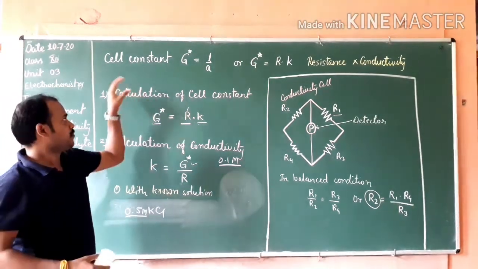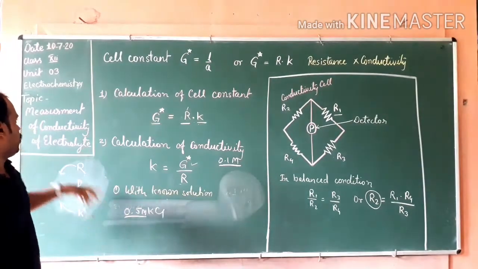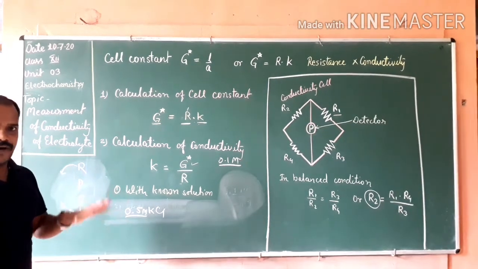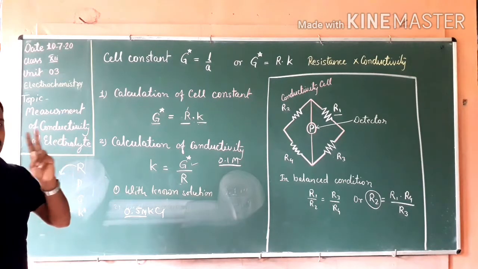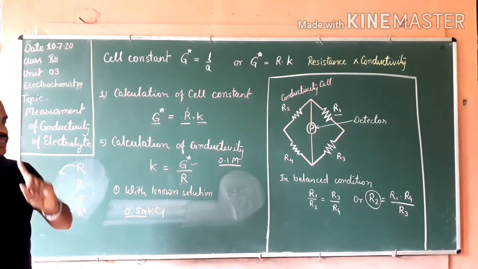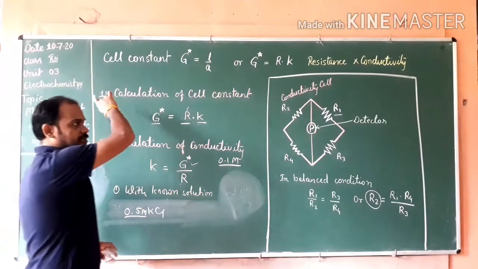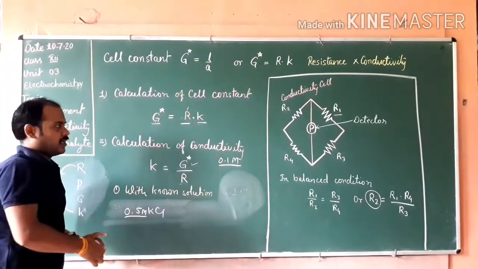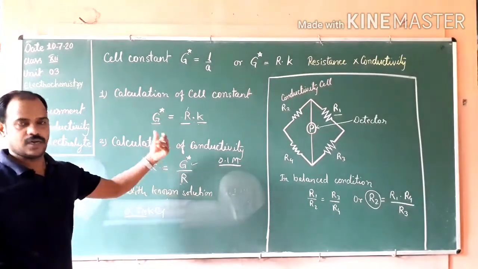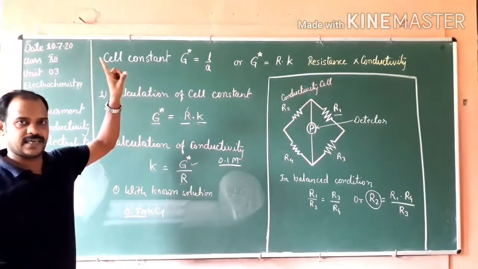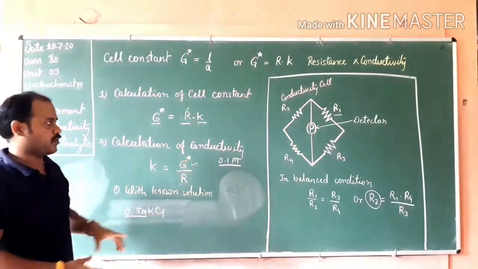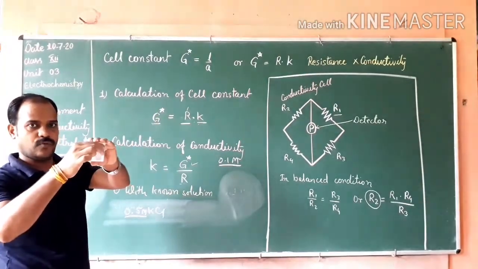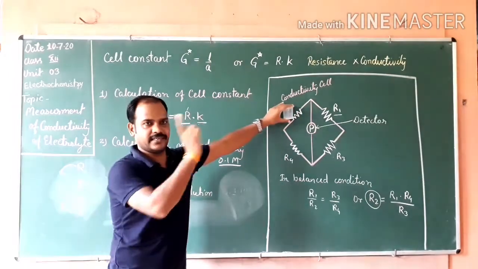So the measurement of conductivity of a solution is done in two steps. First step is with a standard solution of KCl. Second step is with the unknown solution. With KCl, fill KCl solution of known molarity, place it here, find the resistance.